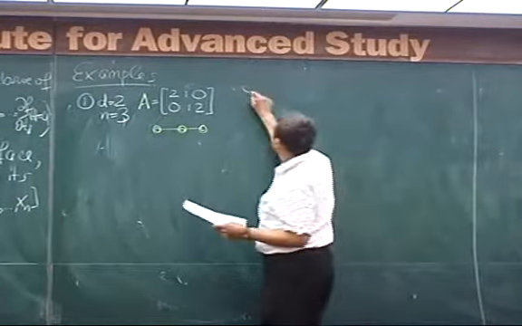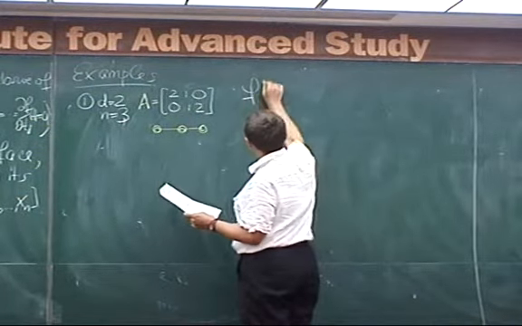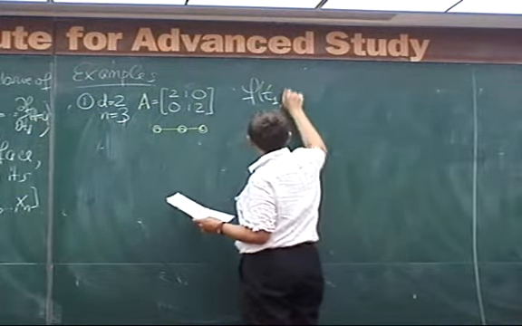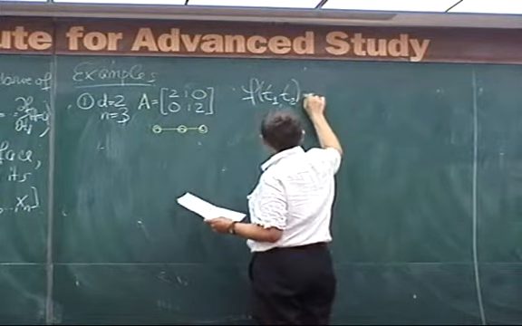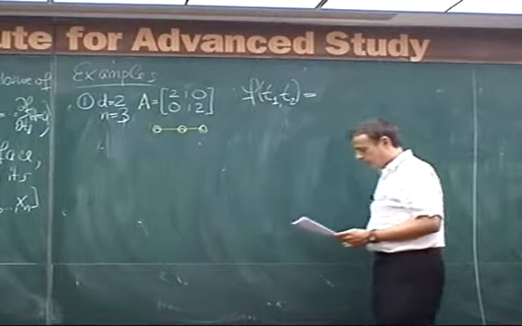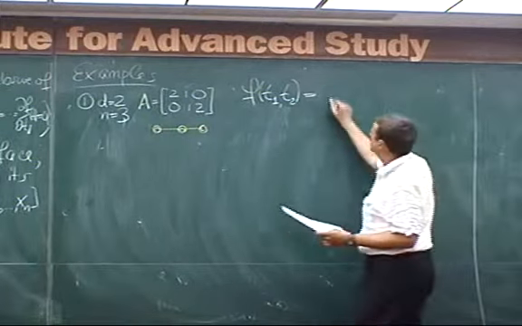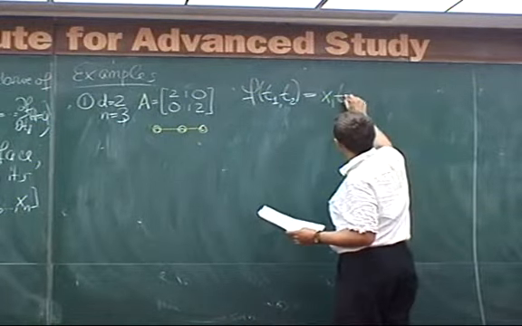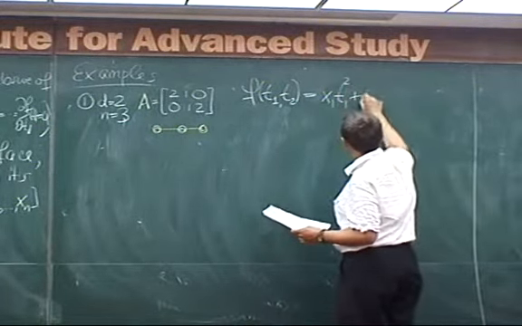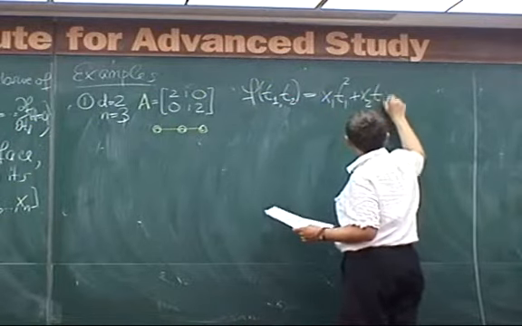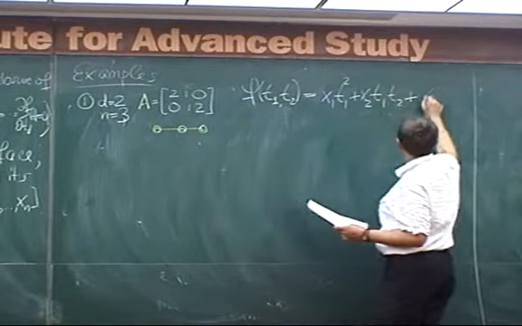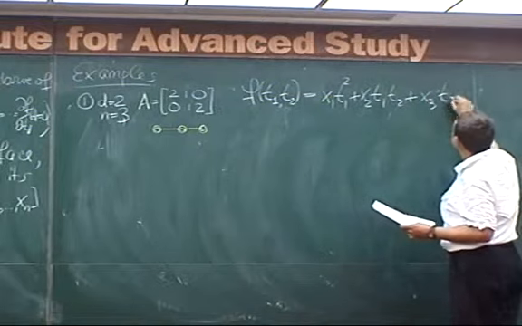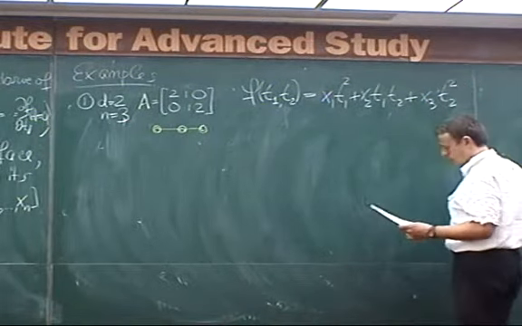And then the family of polynomials is simply a binary quadric. Okay, so x1 is the coefficient of t1 squared, x2 of t1 t2, up to x3 of t2 squared.